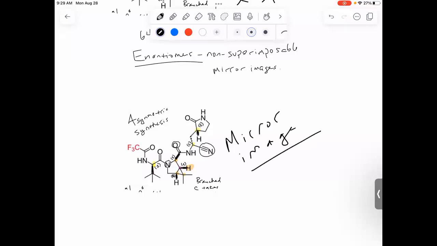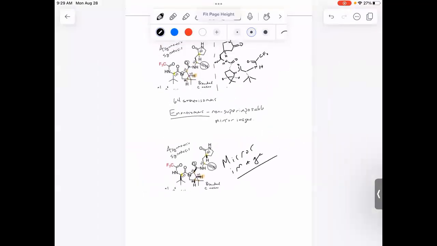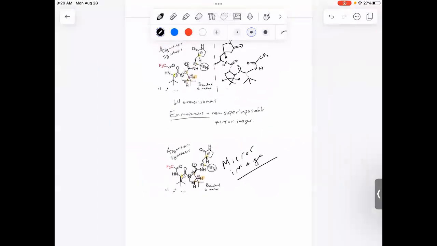And the reason we say it's non-superimposable, if you look at these two molecules, could I take the bottom one that I just drew and lay it on top of the one at the top, and all the stereo centers match up? No, they wouldn't match because all the stereo centers are going in different directions, right?